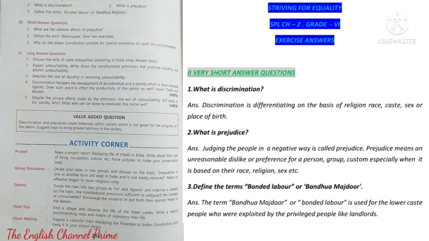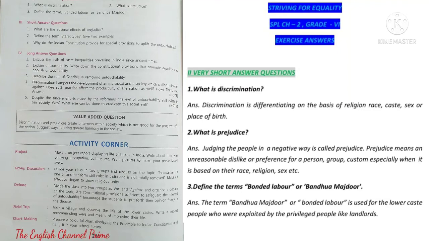Second main, first question. Very short answer questions. What is discrimination? Answer: discrimination is differentiating on the basis of religion, race, caste, sex or place of birth. Second question. What is prejudice? Answer: judging the people in a negative way is called prejudice.